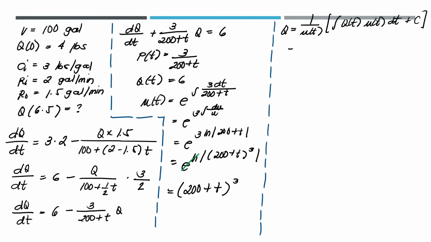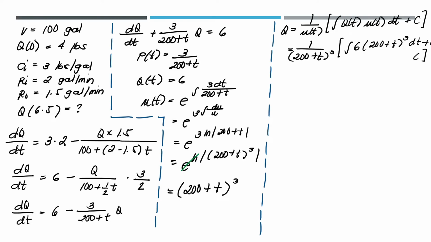Diba? So, we will have 1 over 200 plus t cube. Multiplied to the integral of, what is our q of t? That is 6 times 200 plus t cube dt. Okay, plus c. Nasa baba siya. Plus c.